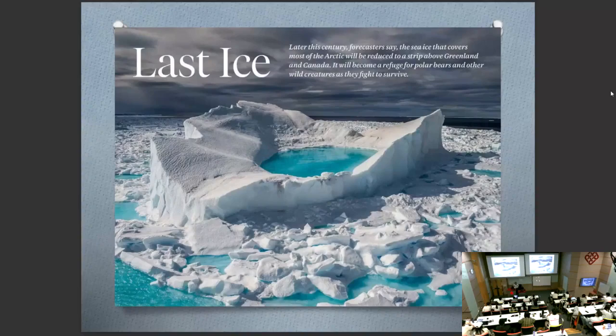Ice is white in color, very reflective. So sunlight shining on the ice would be reflected back to the atmosphere, and some of it will go back to outer space without warming up the atmosphere. But after the ice is melted, the heat will be absorbed by the water, and it will lead to more serious global warming.